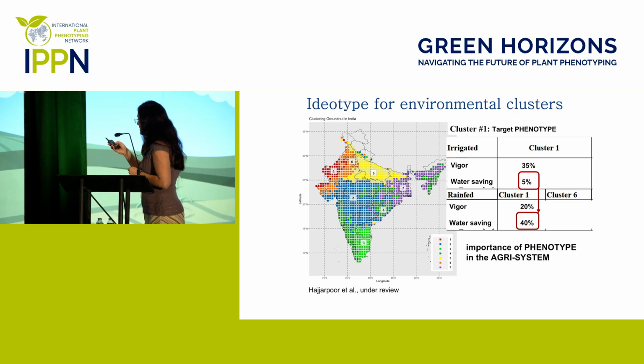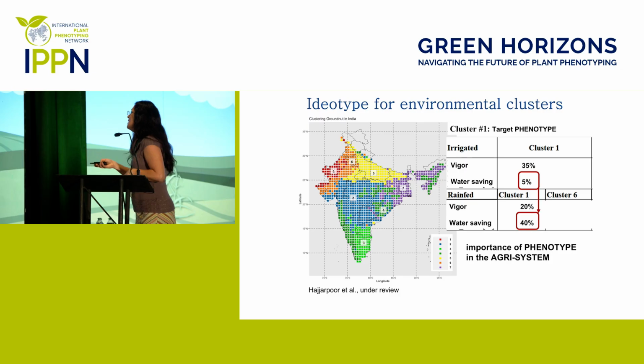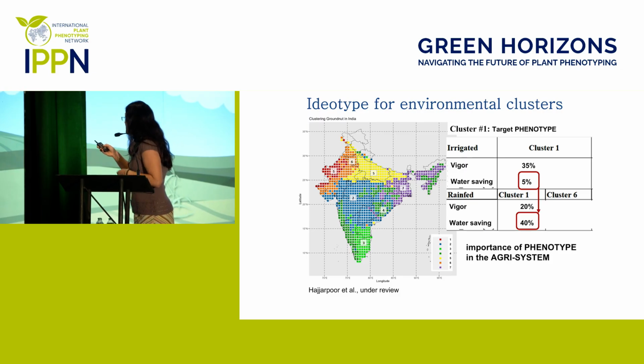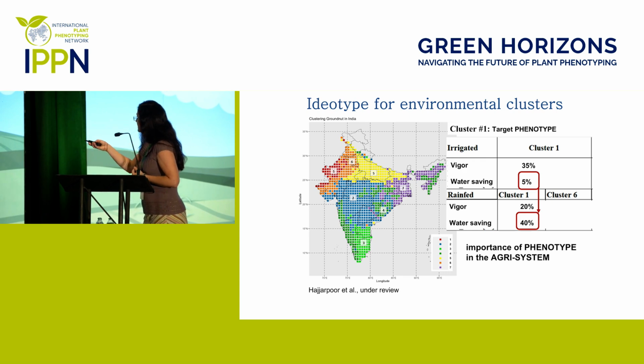So here on the left of this table, what you see are the traits, in a very simplified way, which are either related to plant vigor or water-saving traits, which our colleagues talked about already. You see here on the right side of the table the importance of each trait for that particular system.